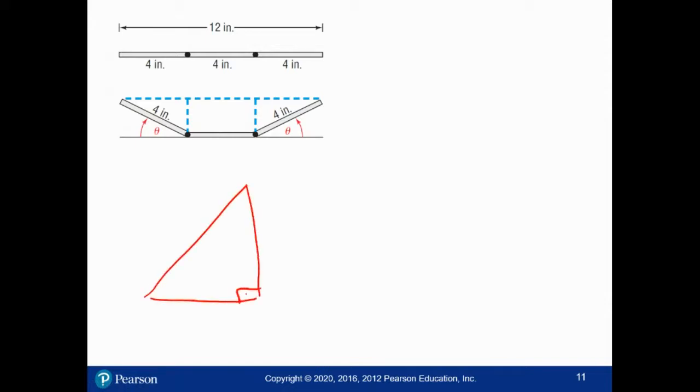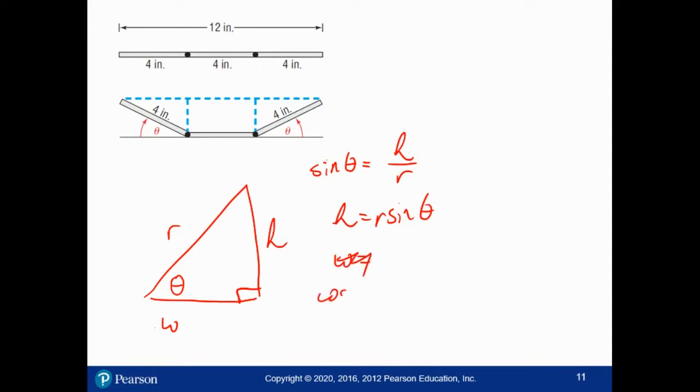Anytime you have a triangle, if I know the hypotenuse, and I'll call it r, and I have the angle here, call this height, call this width, then the sine of theta is h over r, meaning the height is r times the sine of theta. Similarly, cosine of theta is w over r, multiplied by r, and you get w is r cosine of theta.